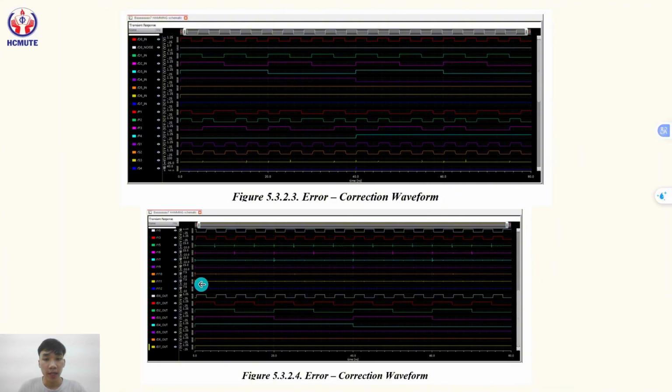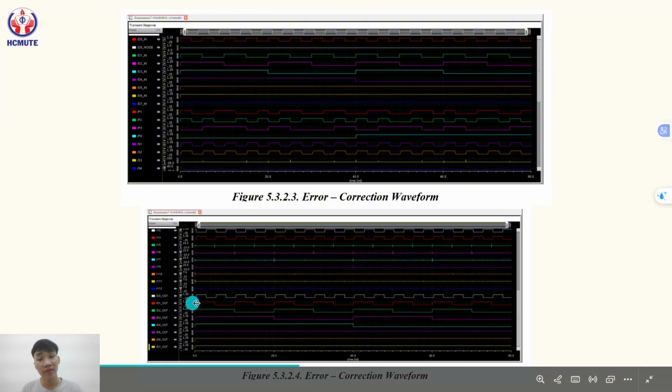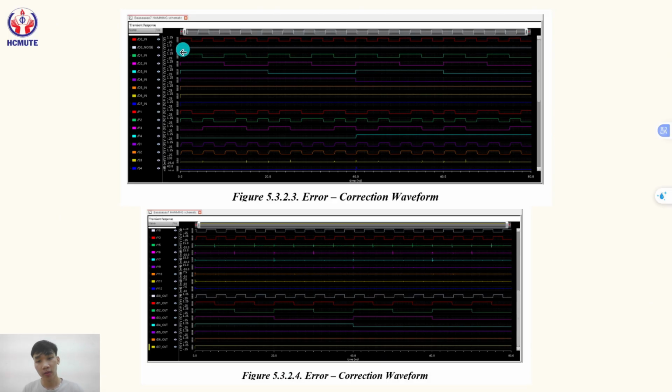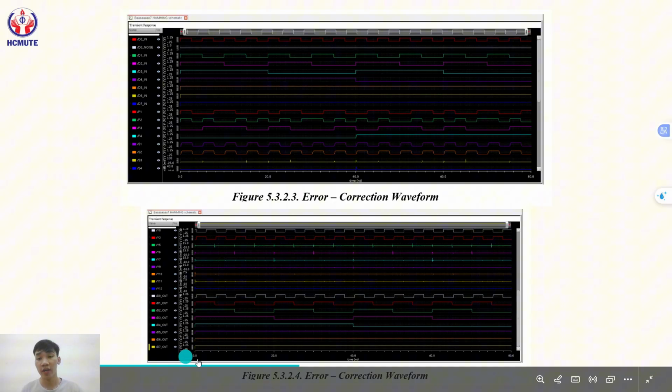So the corresponding XOR gate executes D0 out equals D0 in XOR E3, which is 1 XOR 1 equals 0. So the D0 out signal is restored to its original form, proving successful single bit correction. And the remaining bits D1 to D7 were unaffected and passed through unchanged.